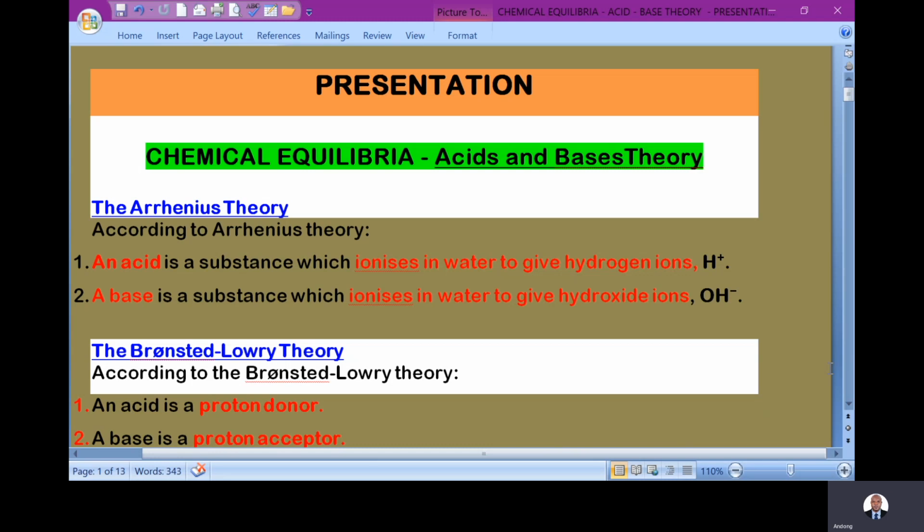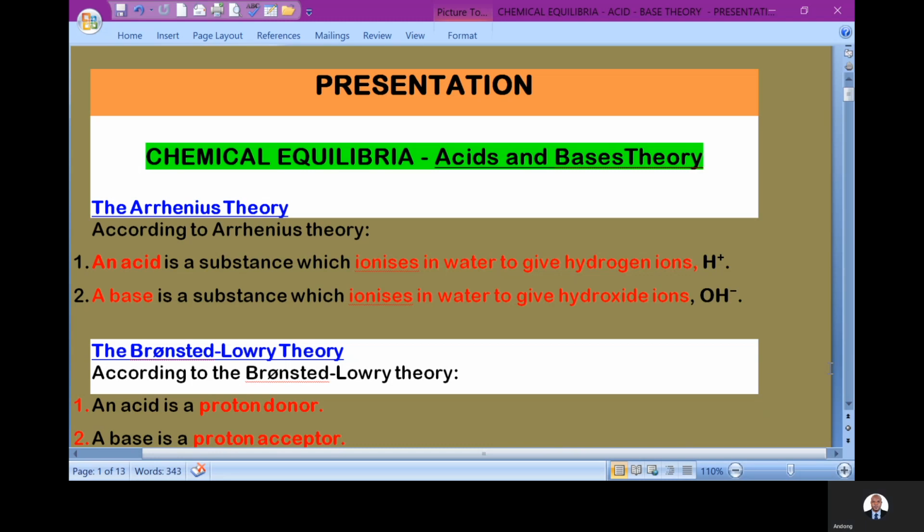According to Arrhenius theory of acids and bases, an acid is a substance which ionizes in water to give hydrogen ion, and a base is a substance which ionizes in water to give hydroxide ion, as the only OH ion.